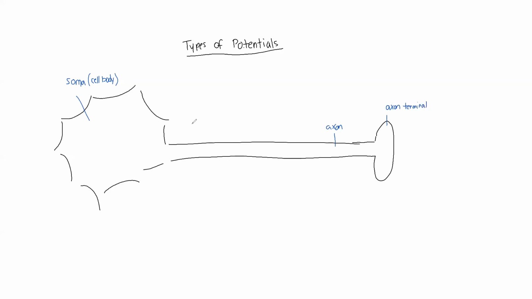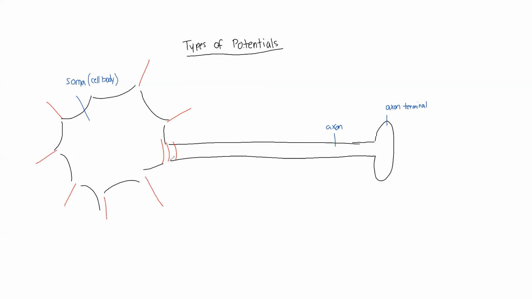Other important regions are the axon hillock. The axon hillock is described as the neck of the neuron. So this narrowing between the soma and the axon is called the axon hillock. And then we also want to think about the projections coming off of the soma, which are called the dendrites. So let's draw these in as well.